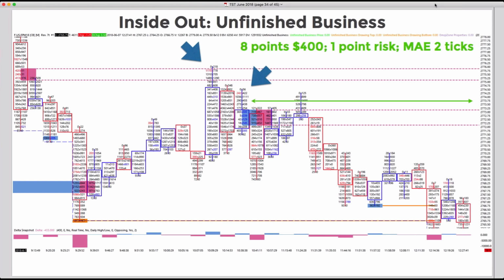We experienced unfinished business at the low of the day. We did not break the initial balance low. That bar closed inside the first hour. So at 9:29:52, we can have a sense that ES made a low of the day, but price was not low enough for us to run out of sellers.